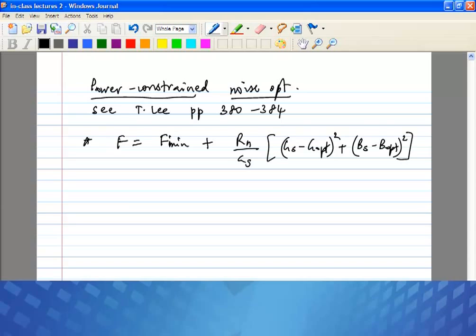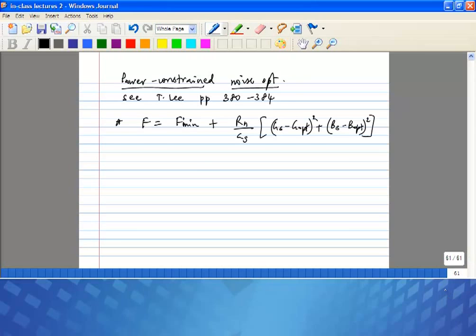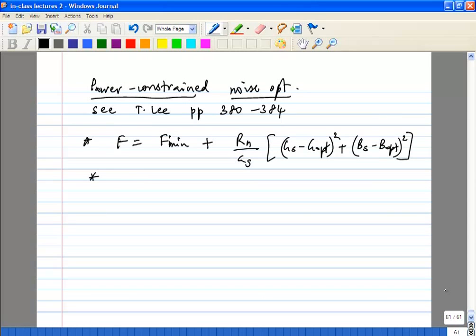Then you define what is called Q opt, which happens to be G opt over omega Cgs, and you can show that this is alpha times delta over phi gamma.